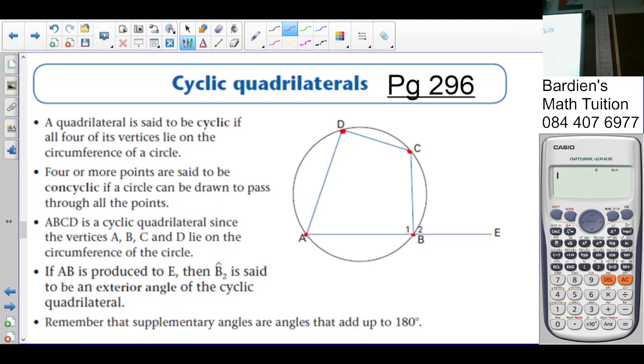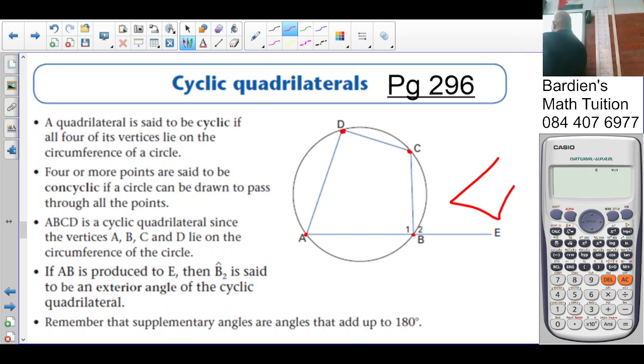The second bullet says, 4 or more points are said to be concyclic if a circle can be drawn to pass through these points. So is every quadrilateral concyclic? If you look at the four-sided figure, 1, 2, 3, 4, could that be concyclic?